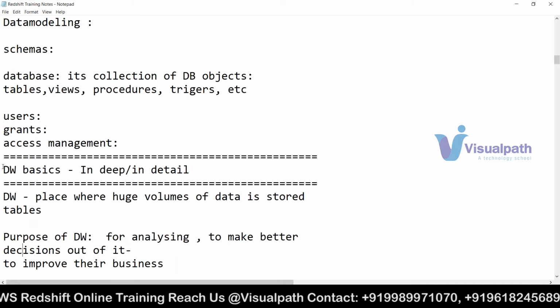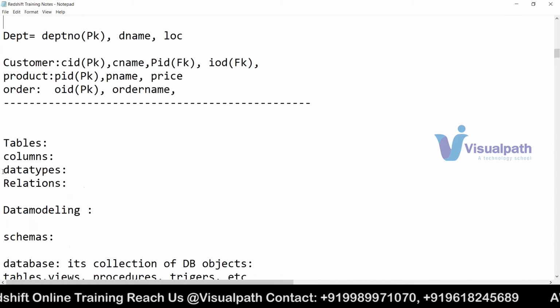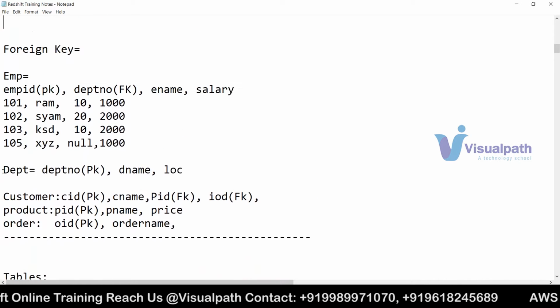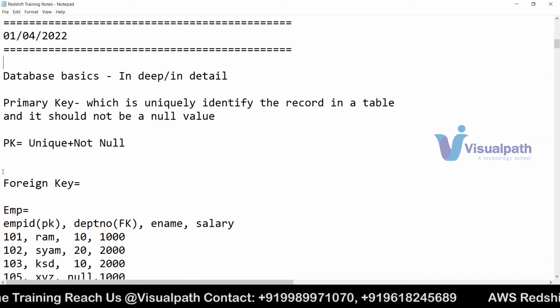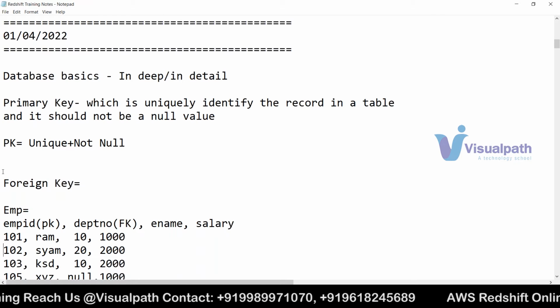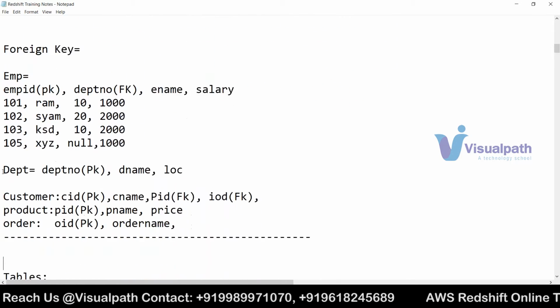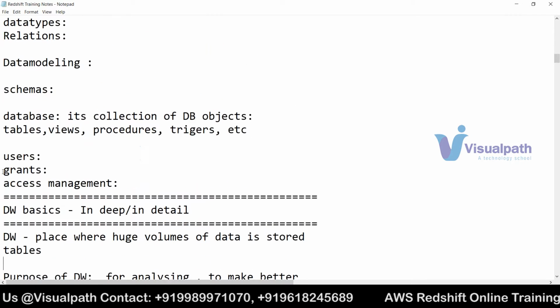Okay, Krishna. So till yesterday, we have covered database basics, right? Primary key, foreign key, and database objects like tables, views, columns, data types, and the relationships.